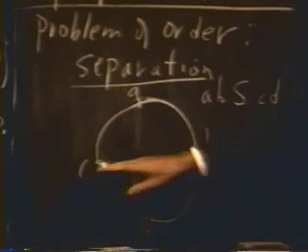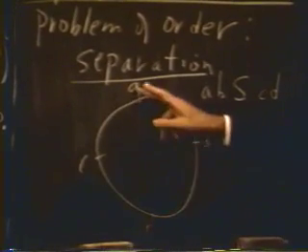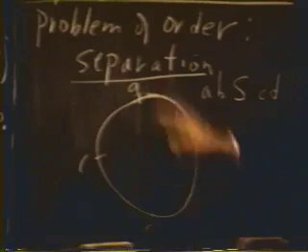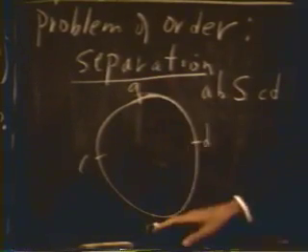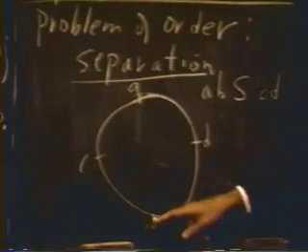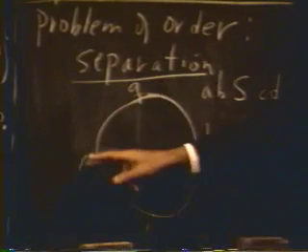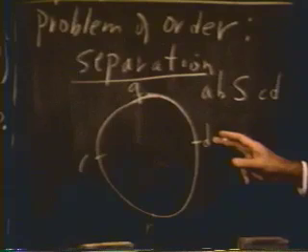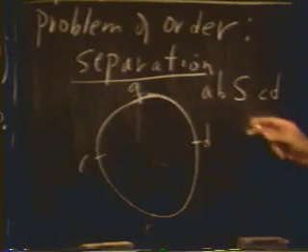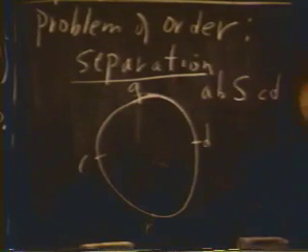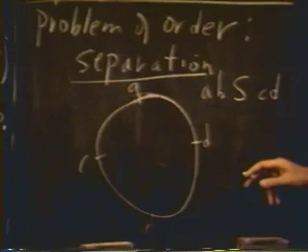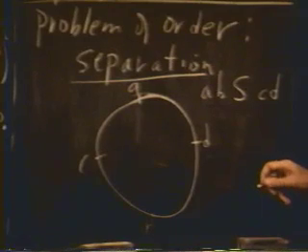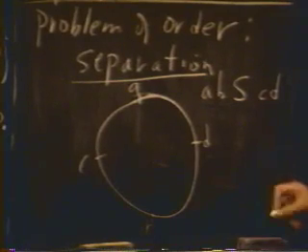So AB separates C and D. That is, if we tried to pass from C to D, we must encounter either way we go, either A or B. And correspondingly, if we try to go on the circle from A to B, either way we go on the circle, we must encounter either C or D. And so we say that AB separates CD and CD separates AB. And this notion of separation is the notion that is preserved under any projectivity.